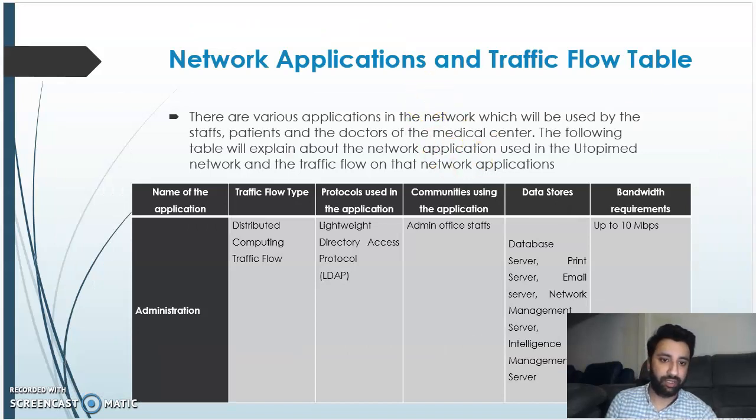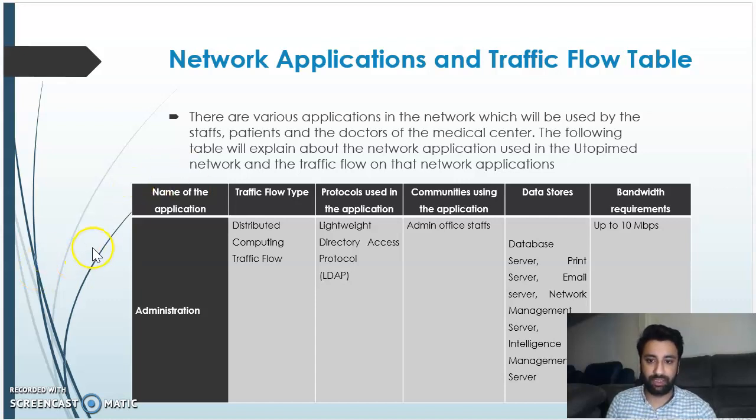Network application and traffic flow table. There are various applications in the network which will be used by different communities, different staff, and different network people, and traffic flow definitely depends on the usage of the users and the time they access the network.